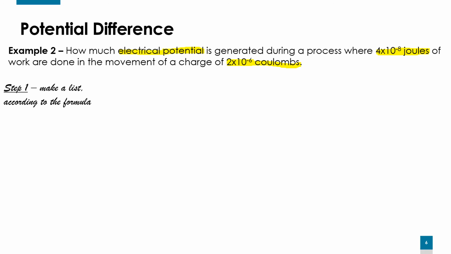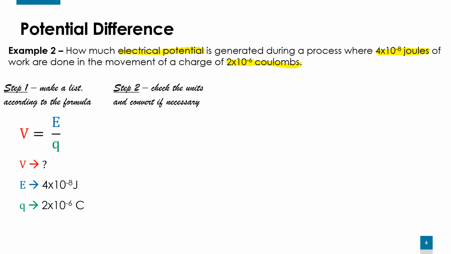Now, list. Let's write down the formula again that I need to use. V. Do I have the V? No, that's what I'm asking, the electrical potential. Do I have E? Energy? Yes, so energy is 4 times 10 to the power of minus 8 joules. And do I have the charge? Yes, so charge is 2 times 10 to the power of minus 6 coulomb.